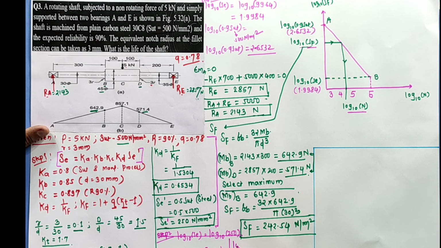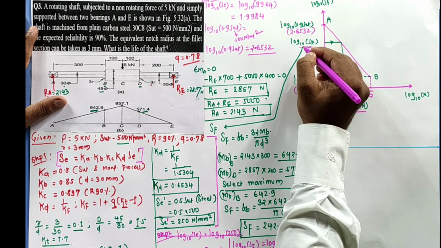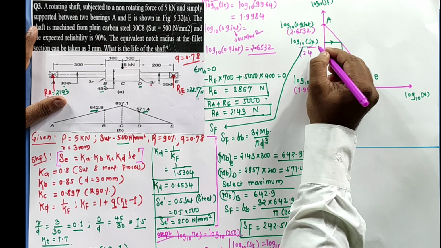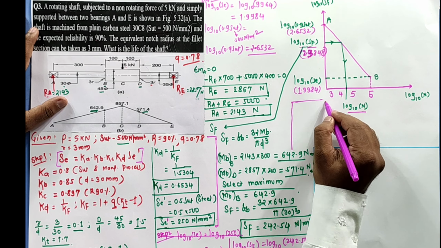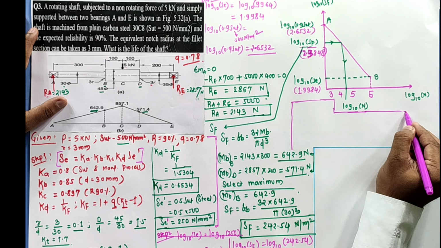So I can write log base 10 of SF is equal to log base 10 of 242.54, which is 2.3848. Correct? So 2.6 upper limit, 1.9 lower limit, it is situated in the middle. Okay. Clear? So this is the part which we have seen here.